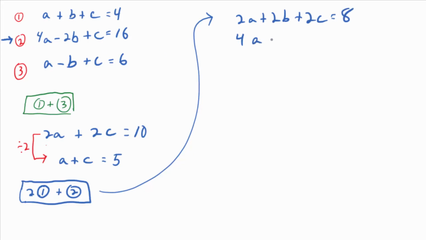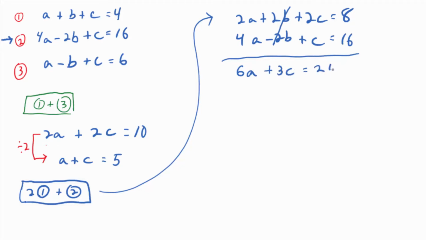And then we're going to add that to equation 2. 4a minus 2b plus c is equal to 16. Add them together, what do you get? 6a, b is gone, plus 3c is equal to 24.